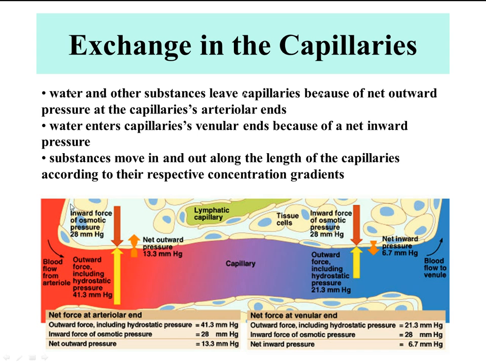So on the arterial end you have a net force outward. On the venule end, you will have a net force, osmotic force, pushing that water inward. So we pushed it out here, and now it's been pushed back in.